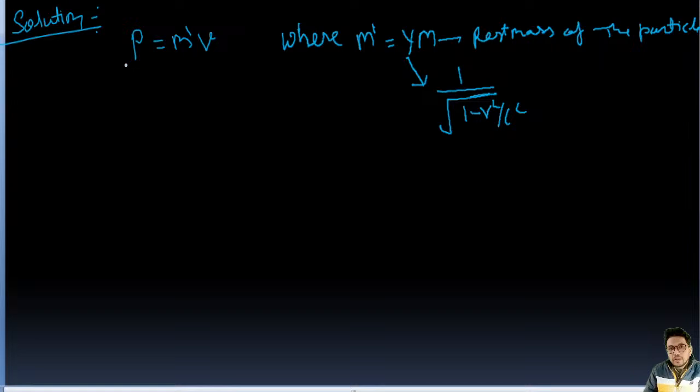For the relativistic particle the momentum is this, or we can write P equal to gamma mv, where m is the rest mass of the particle, v is the velocity, and the value of gamma is 1 upon root 1 minus v square upon c square.